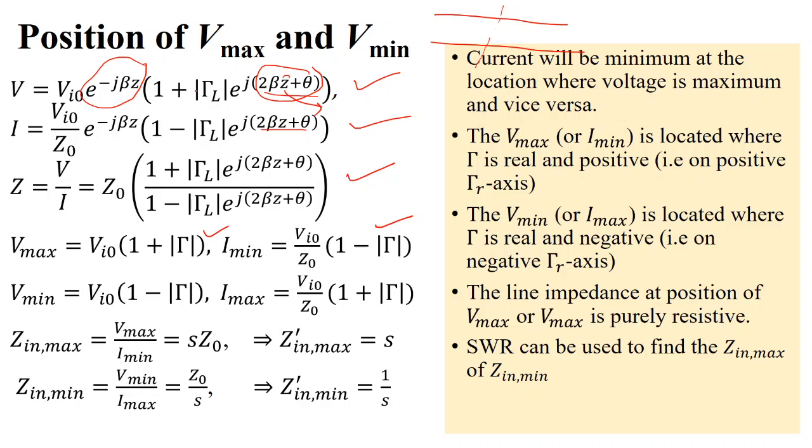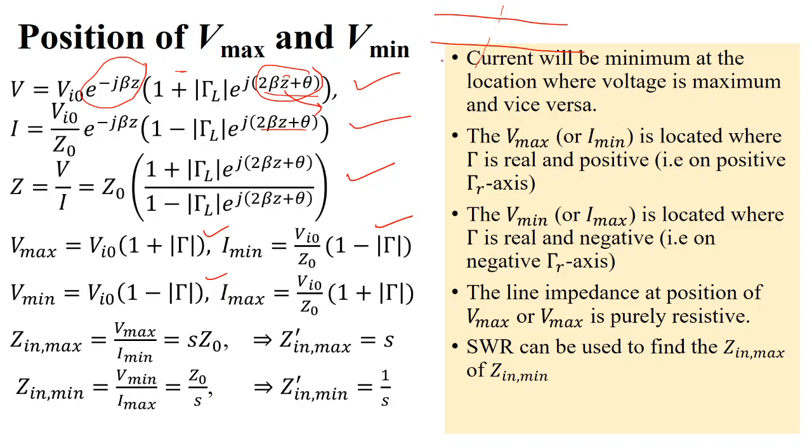In that case, you will get the minus sign here, so the minimum voltage is given by this expression. However, this will occur when this total phase is pi or minus pi. And at the same position of the transmission line, you will get the maximum current, which is now 1 plus, because it is already minus, it will become plus.